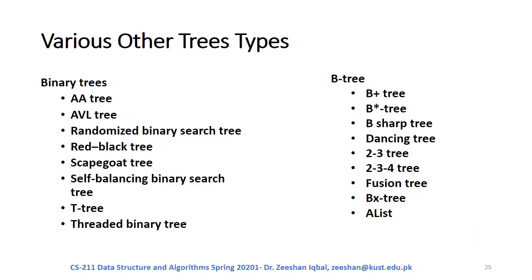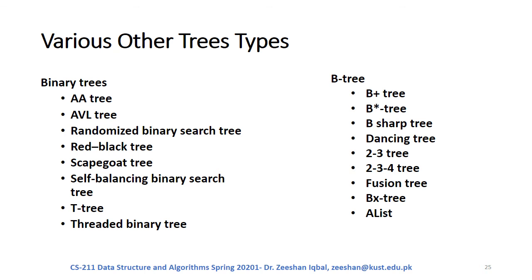There are other various types of trees. In the binary trees, there are double trees, AVL trees, randomized binary search trees, red black tree, scapegoat tree, self-balancing binary search tree, and threaded binary tree.